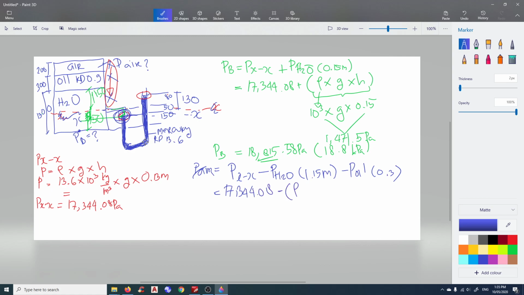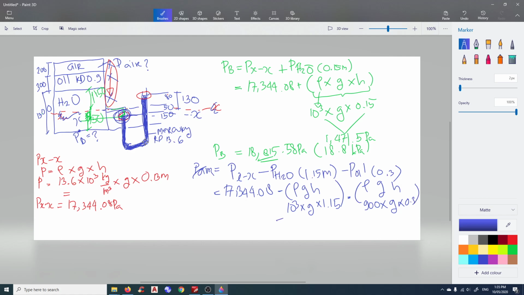Density of H2O is 1000 multiplied by g multiplied by 1.15. Oil, same formula, rho g h. So density of oil is 900 multiplied by gravity multiplied by 0.3.